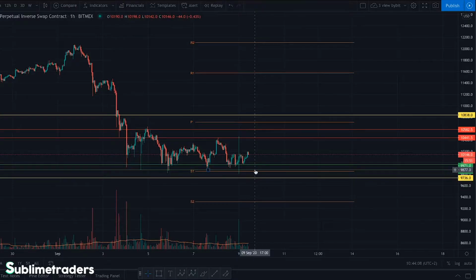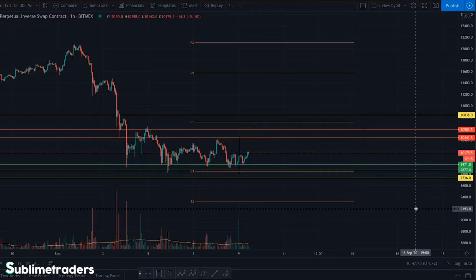This will get us an average entry price of about 9,919, and on the high side we can sell, so short 2,500 here and 2,500 here, with an average entry price at about the middle between the 2 resistances.